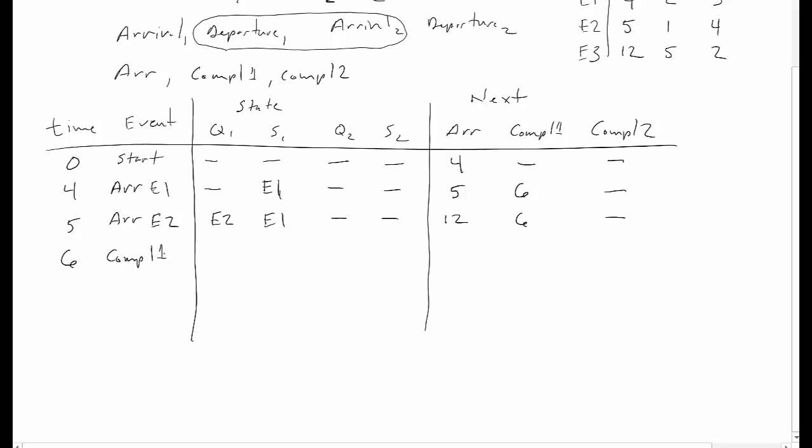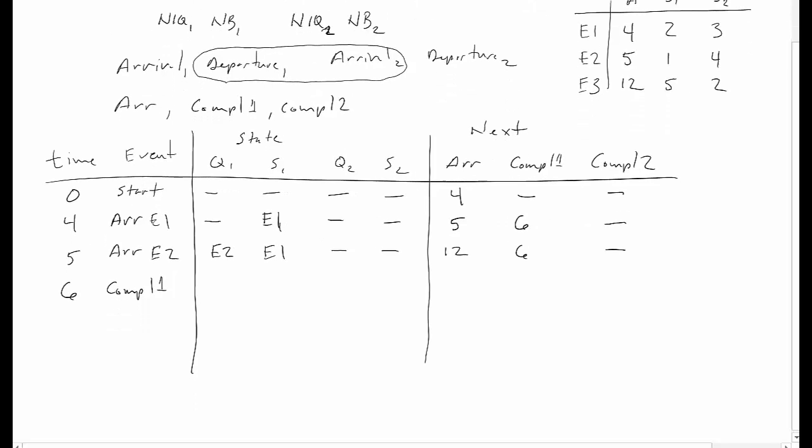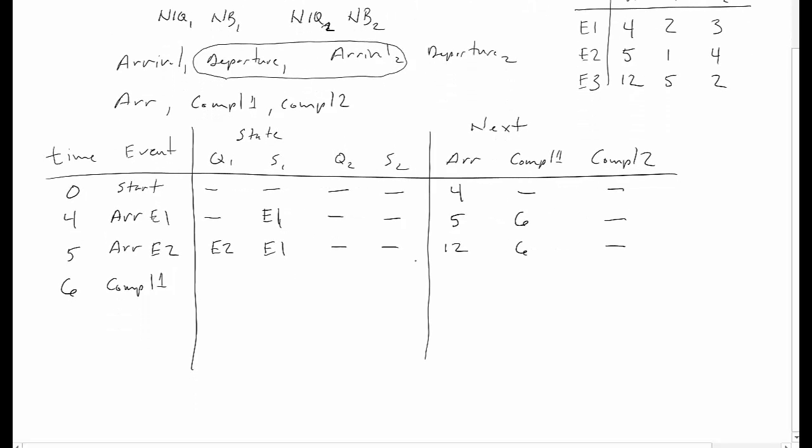Let's think about what happens when this entity completes. The entity E1 will move from server 1 to server 2, so E1 will now be served by server 2. E2 will move to be processed in server 1, and both queues are empty.